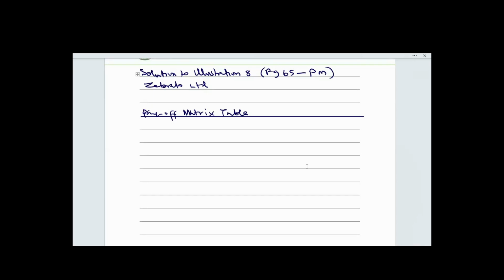So I will then come here. We have three courses of action, three alternatives. This is the product. So you want to know whether to produce A, B, or C.